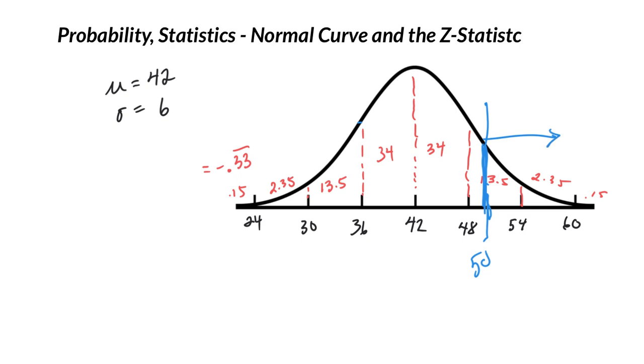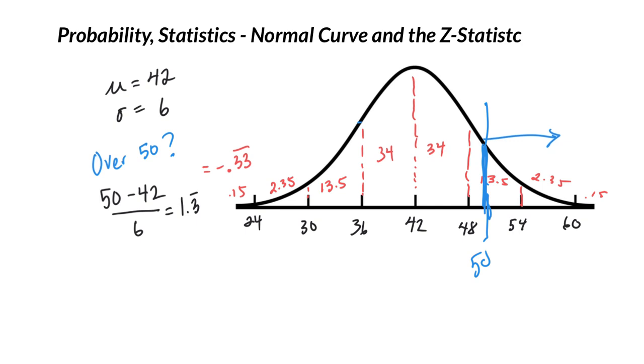Just to go back, the table that I showed you always shows the percentage or proportion below. So we would calculate the same way, look it up on our table, but then we'd have to do 100 minus the percentage we got. Our Z-statistic is 50 minus 42 divided by 6. That's 8 divided by 6, or 1.33 repeating.